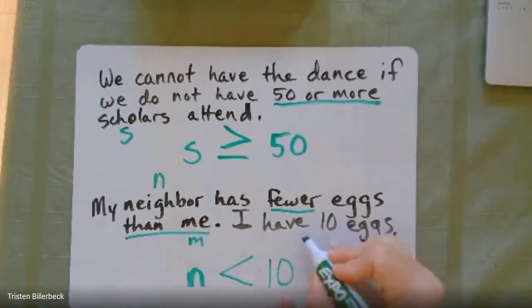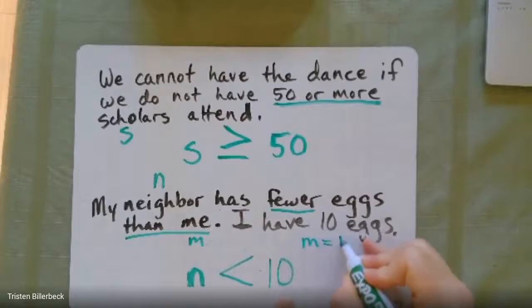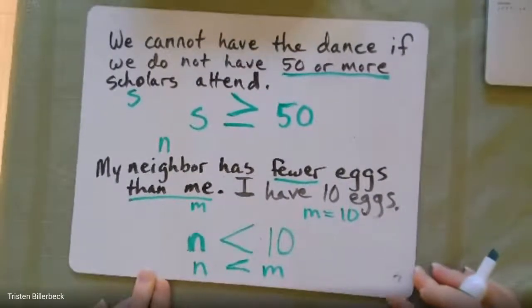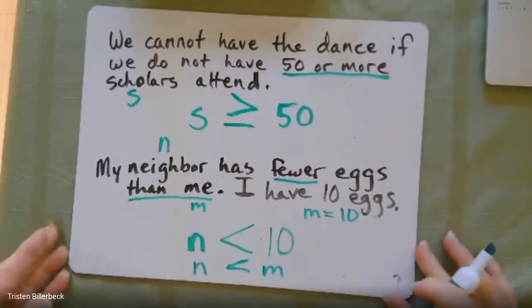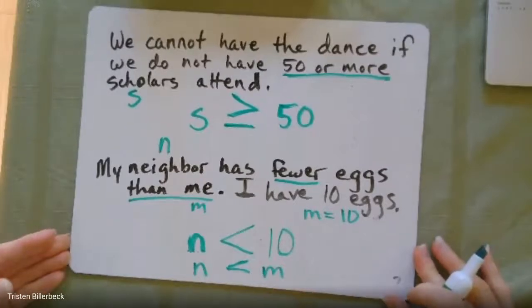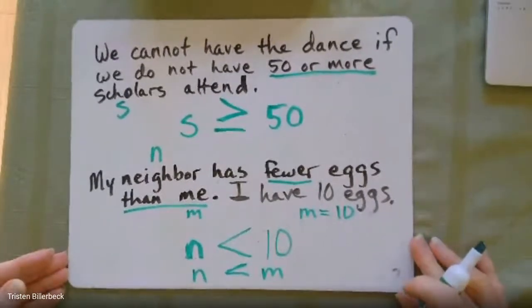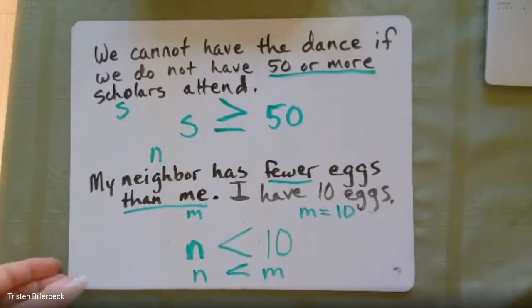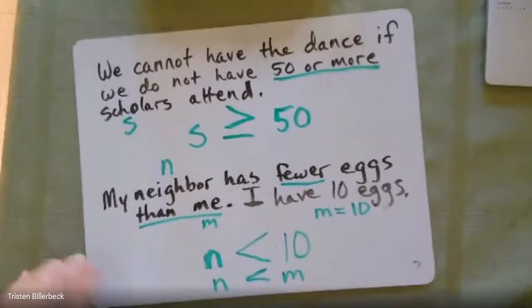So if M equals 10, that's why I could write 10 there. So I had N is less than 10, my neighbor has less eggs than me. So that's my little shorthand. Okay, and that's why we create all these math symbols. They're not just to torture you. I know. Sometimes that's what you think.